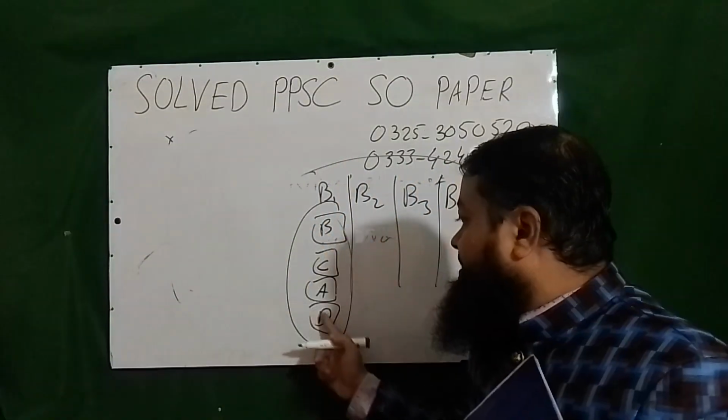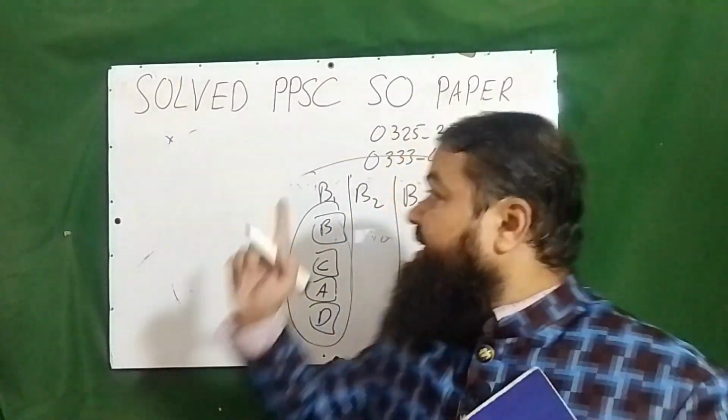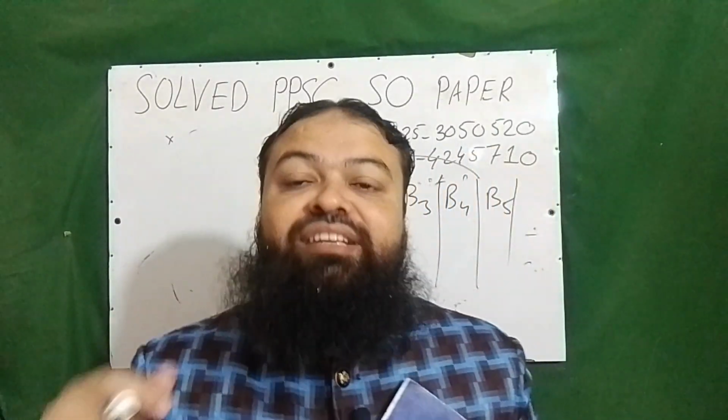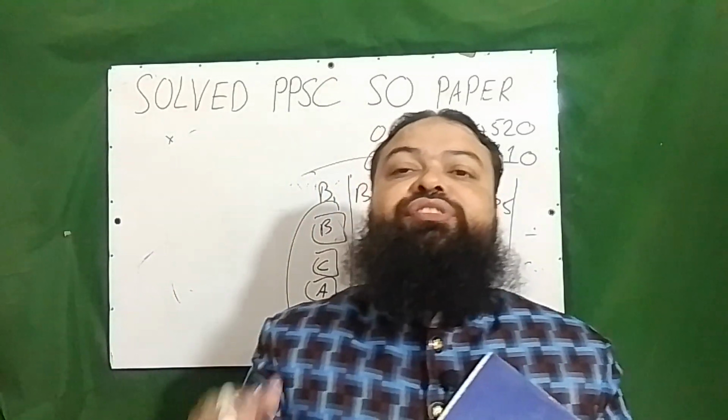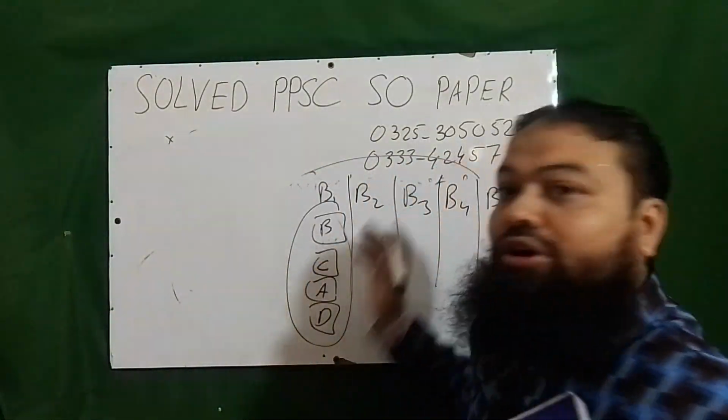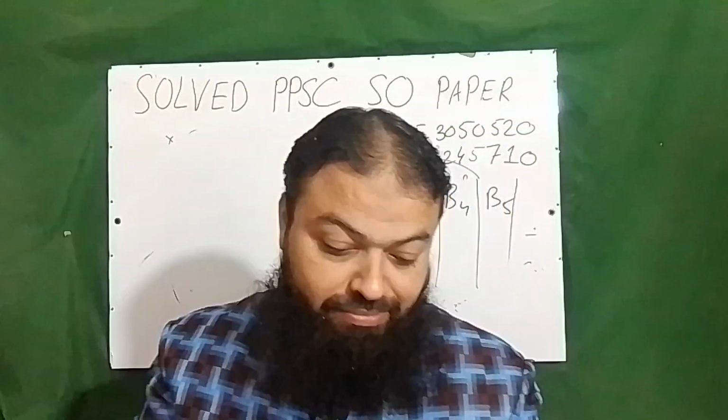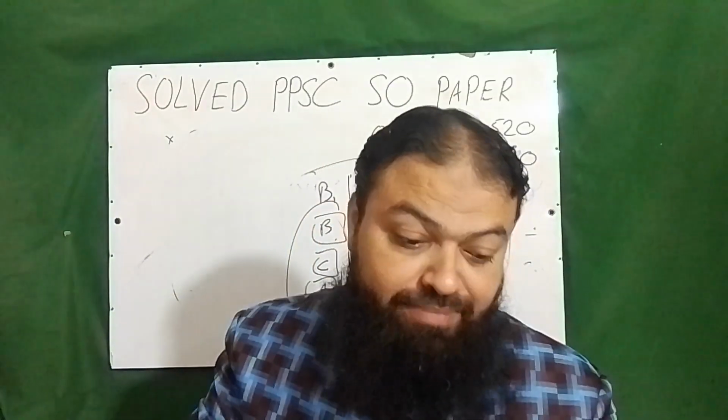Every treatment must be used one time in every block, but whenever it is not fulfilled, we are not using every treatment in every block, then it is incomplete block design actually.